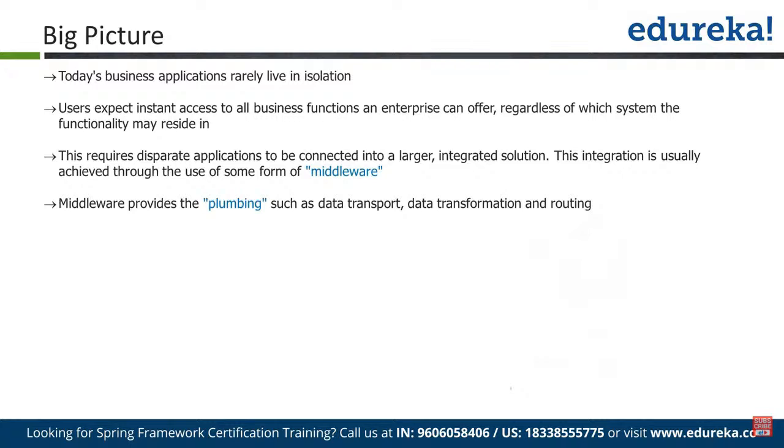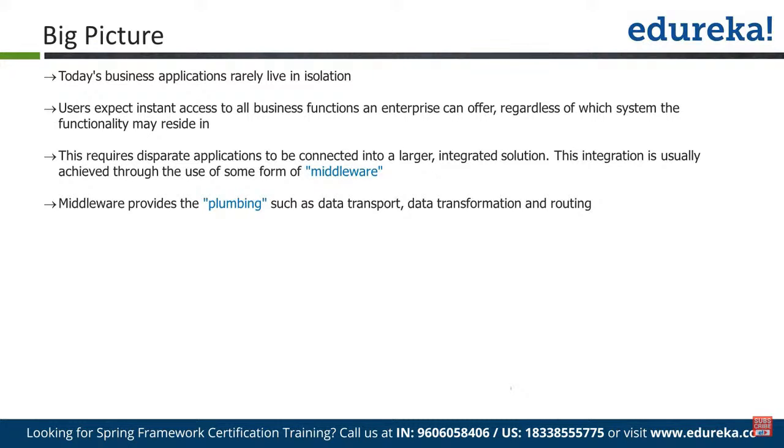So nowadays, in any business you talk about, applications rarely live in isolation. We need some kind of mechanism where application 1 can talk to application 2 or application 3 or application 4. So how do we do that?